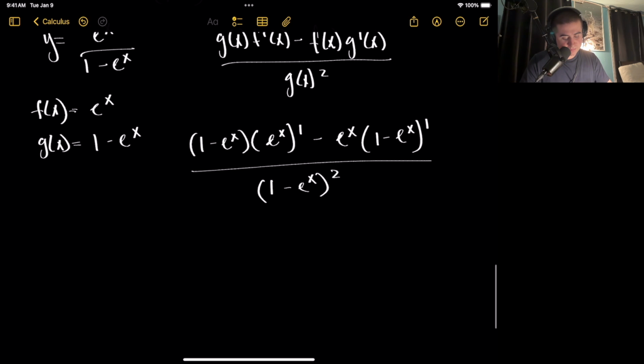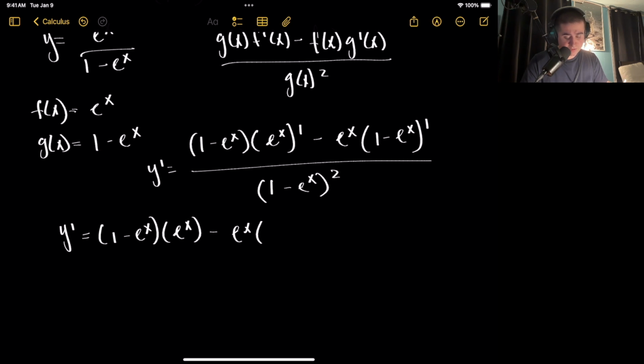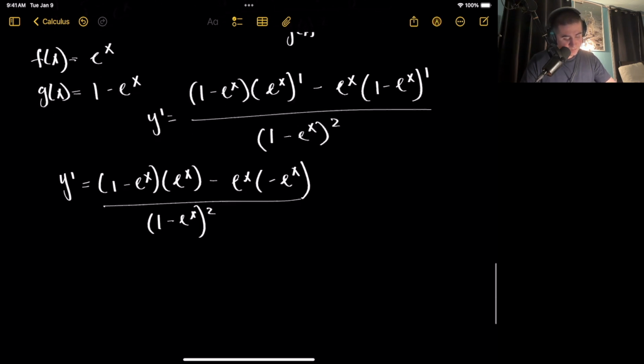Okay, so now we just simplify and take the derivative. We have y prime is equal to (1 minus e to the power of x), and the derivative of e to the x is just e to the x, minus e to the x times the derivative of 1 minus e to the x, which is just going to be negative e to the power of x, and then that, of course, will be over (1 minus e to the x) squared.